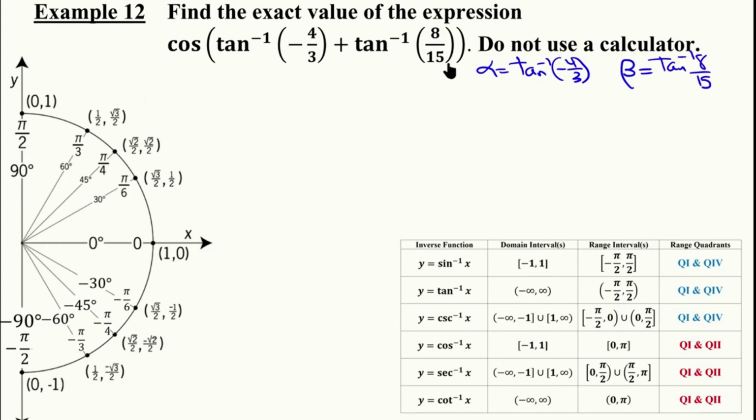And of course, remember, if alpha is the inverse tangent of -4/3, that means the tangent of alpha must be -4/3. So tangent of alpha equals -4/3. And on this side, we must have that the tangent of beta is 8/15.